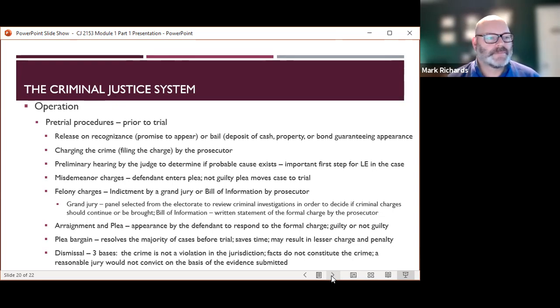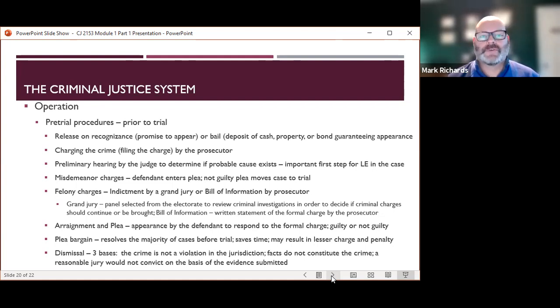The next procedure is preliminary hearing by a judge to determine if probable cause exists. This is an important first step for law enforcement in the case. If it's a misdemeanor charge, the defendant can enter a plea. If the defendant enters a plea of not guilty, the case moves to trial.